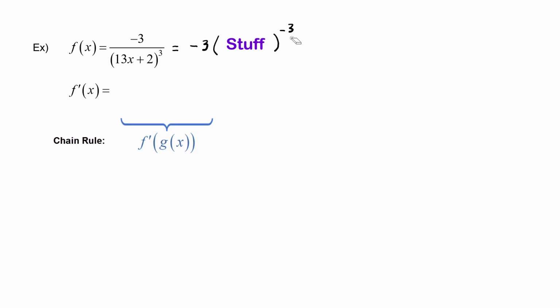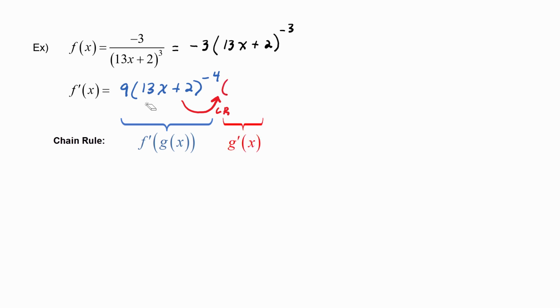We know this exponent will come down and multiply the coefficient, so that's going to be 9 times the stuff, which is 13x plus 2. We have to subtract 1 from the exponent, so it becomes -4. And then the chain rule tells us that we have to take it times the derivative of what's inside, which would be 13.